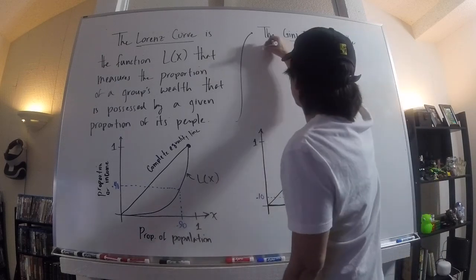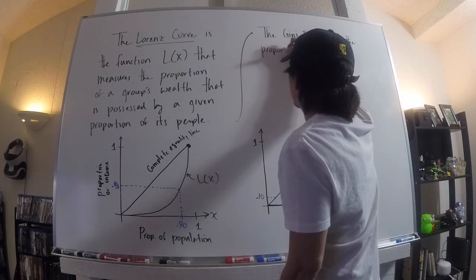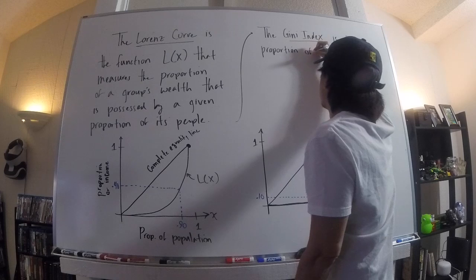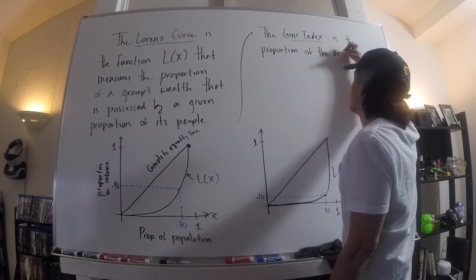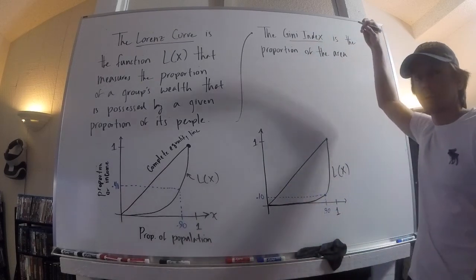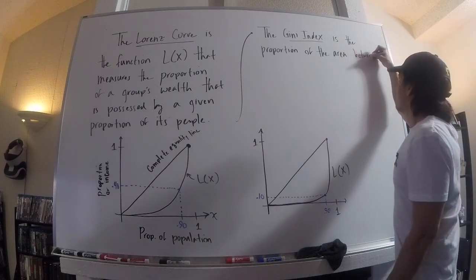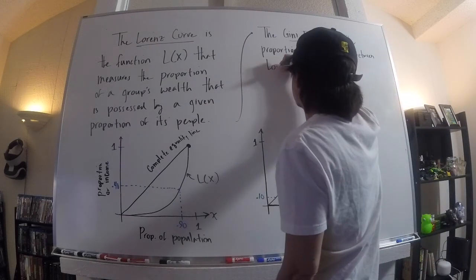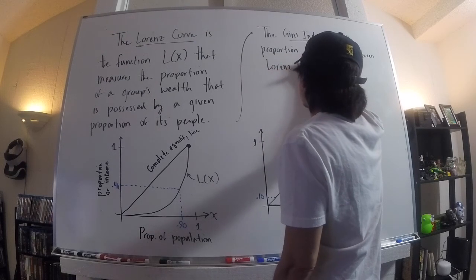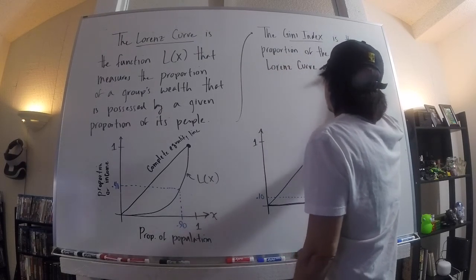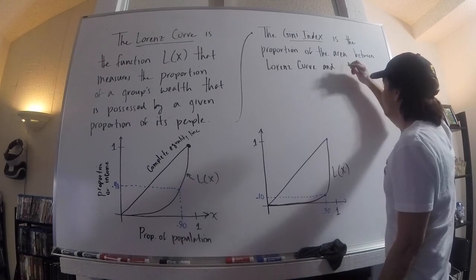The Gini index is a proportion of the area, so it's areas on this graph between the Lorenz curve and the complete equality line.